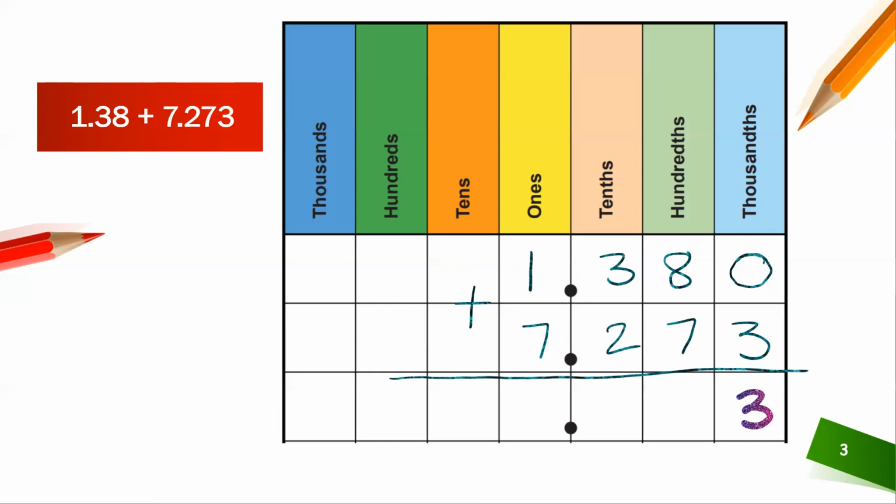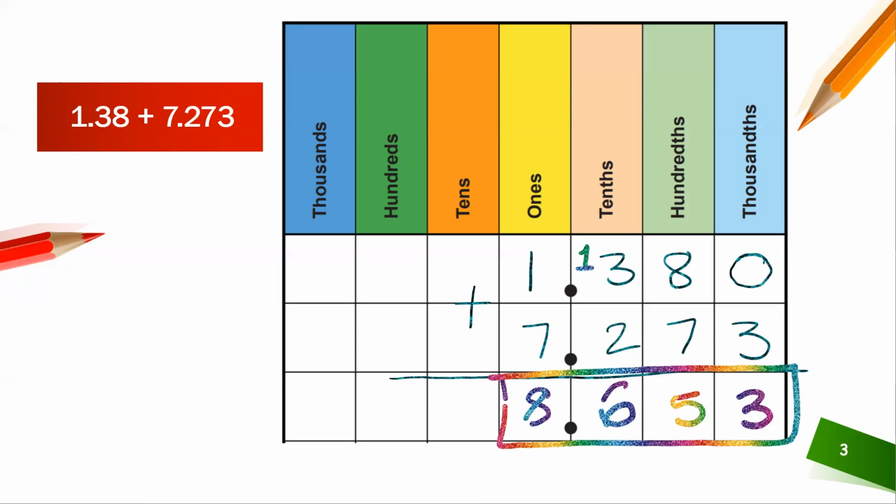So I have 5 singles, and one group of 10 will move up to the next place value. Then I have 6 right here. 1 plus 7 is 8. So 1.38 plus 7.273 is 8.653.